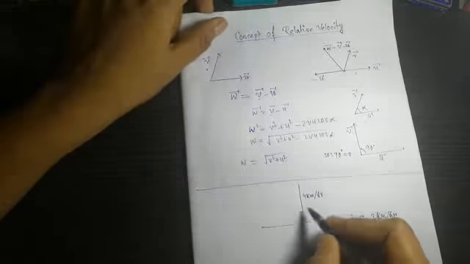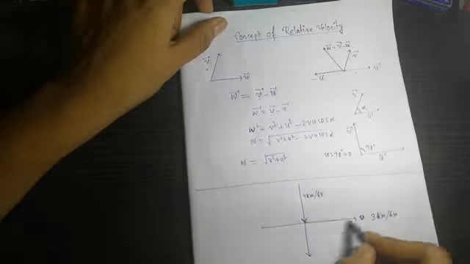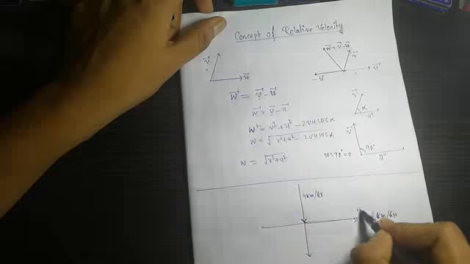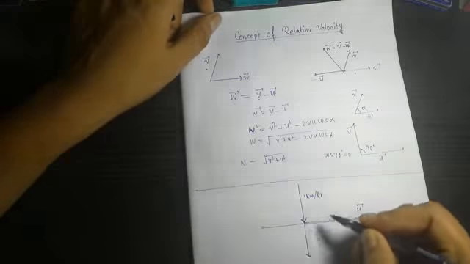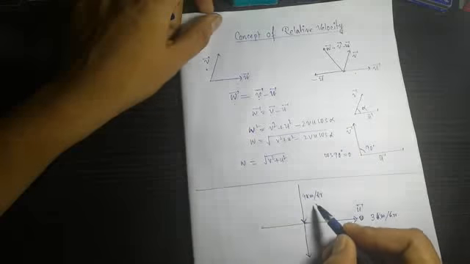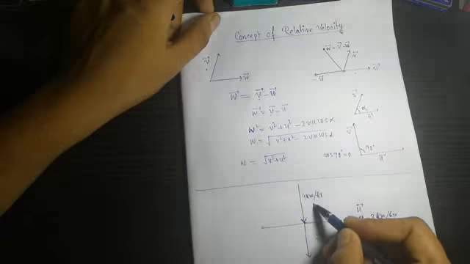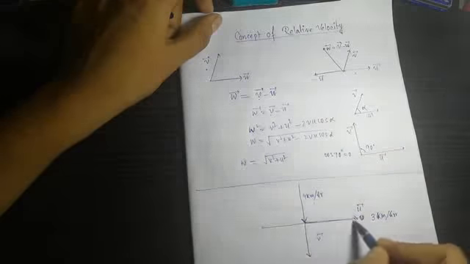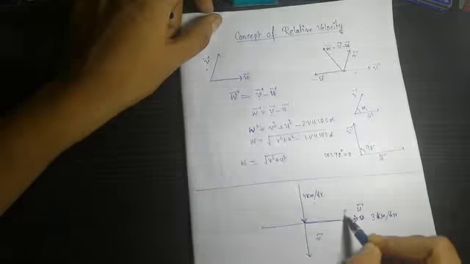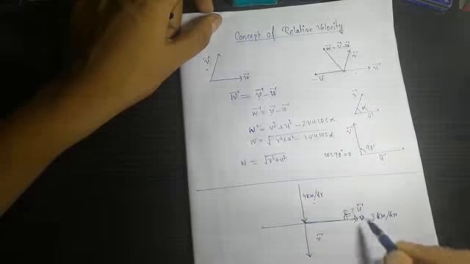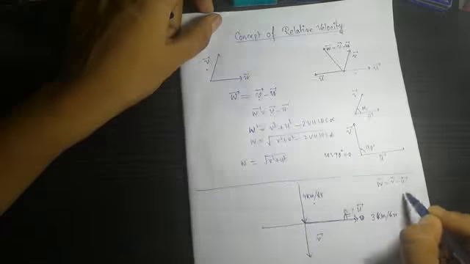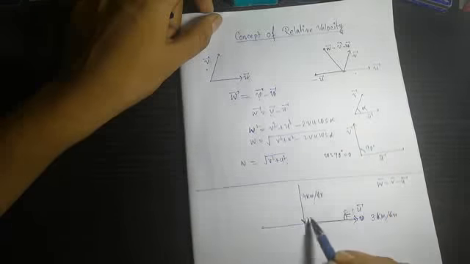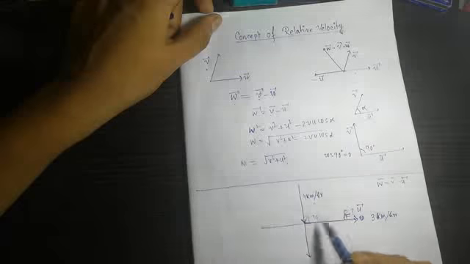So this vector is downward and this vector is in this direction. Suppose this is the u vector and this is the v vector. Now if you are asked what is the relative velocity of the rain with respect to this observer, the answer is w equal to v minus u, and you can calculate it by this formula, as the angle between them is 90 degrees.